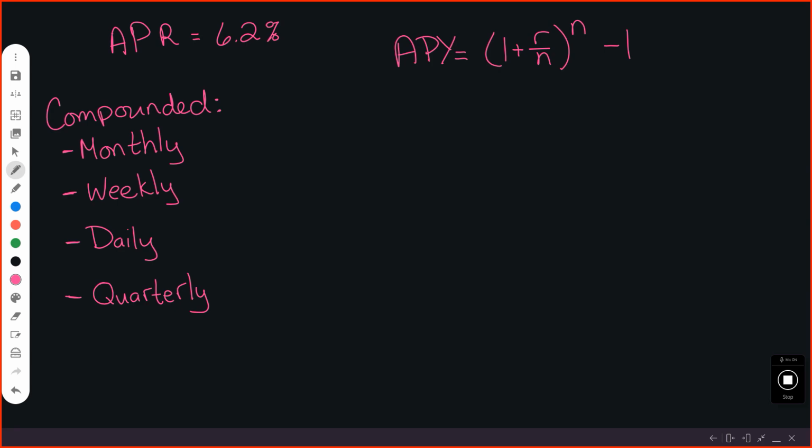All right, so the first thing we need to do for this formula is a little bit simpler than the ones we've been looking at because we're not dealing with an amount that's invested. That doesn't matter. We're only dealing with the interest rate and the number of times it's compounded. We also don't care about how long because we're figuring it out per year, annual. That should make sense. So the only thing that I need to do to start is to turn my 6.2% into a decimal.